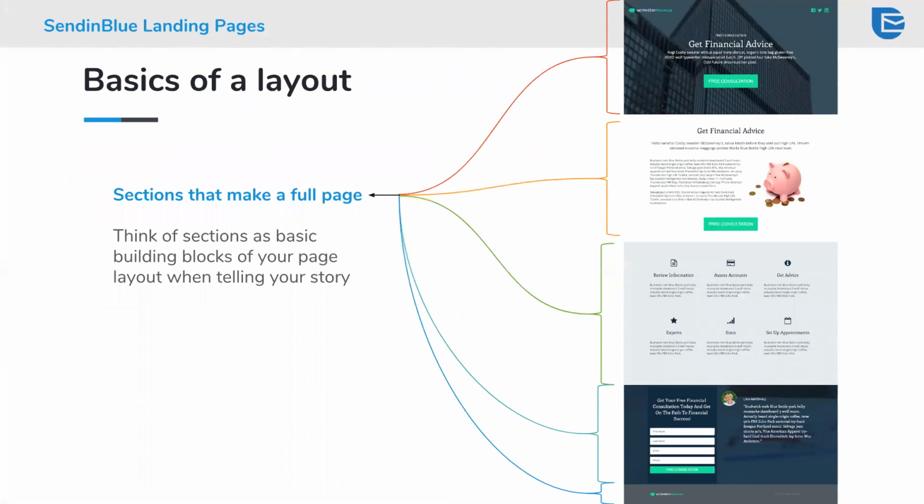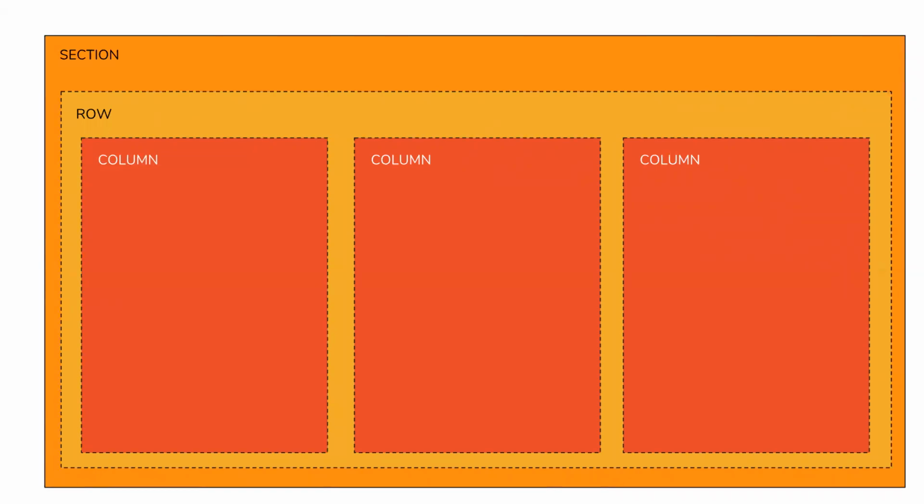The entire landing page is usually built in sections, and sections have rows and columns. You can understand these more once you go inside the landing page builder, but you can break them into multiple columns, and this is how you can create some very complex layouts.